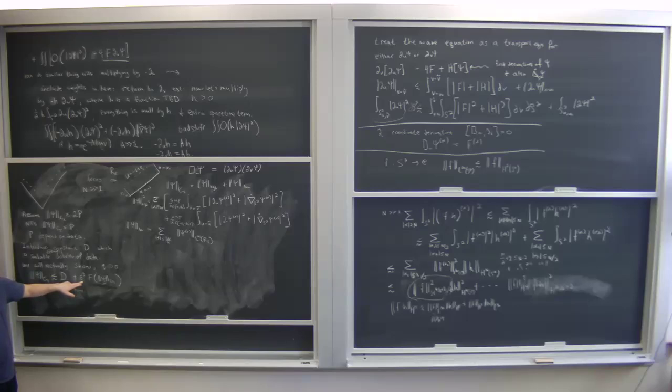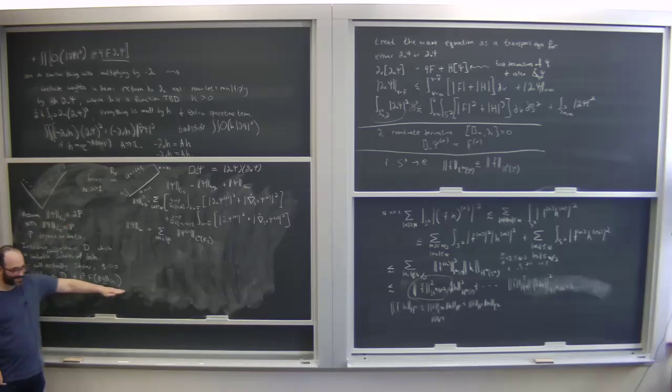Because whatever P is, you can pick epsilon very, very small. P depends just on the data. So whatever D is, P will be bounded by something depending on D, and then epsilon can be smaller than all of that stuff.